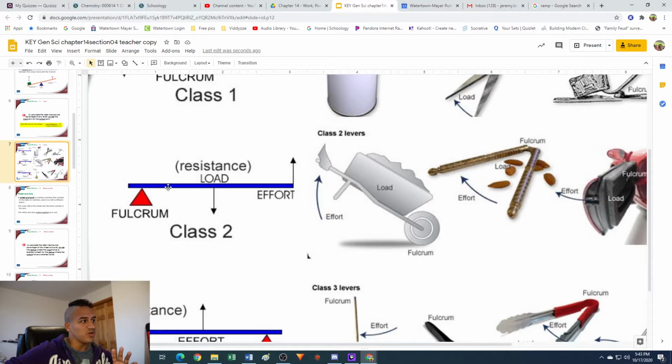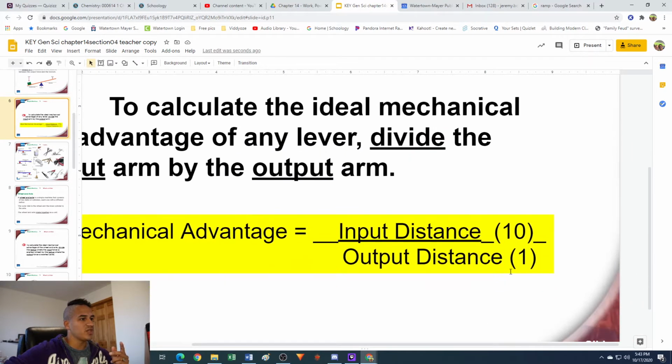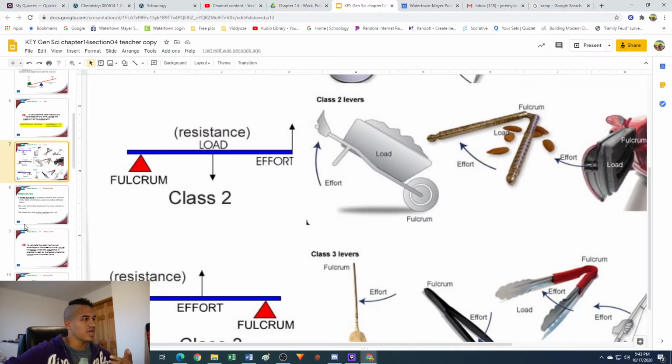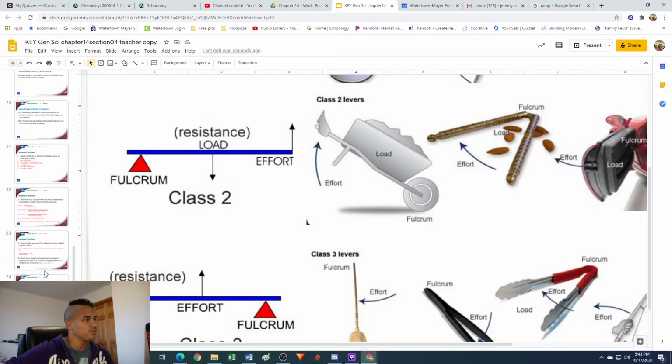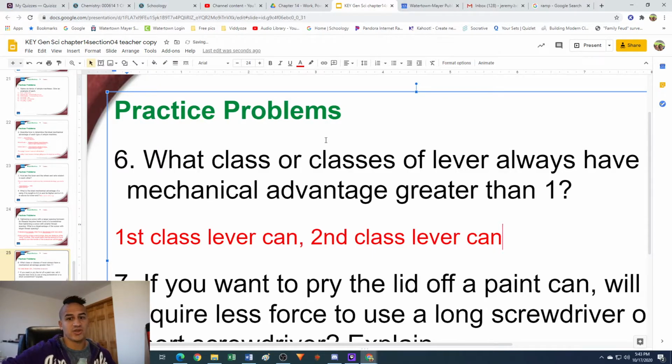If we take our output and put it close to the fulcrum, then that distance from the fulcrum to the output will be small. So like in the first one, we have a large input and a small output. That will give us a large mechanical advantage. So a second class lever will also give us a mechanical advantage greater than 1. So we also can say second class lever can give us a mechanical advantage greater than 1.